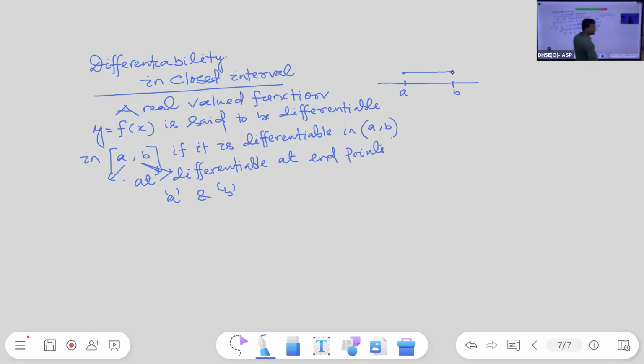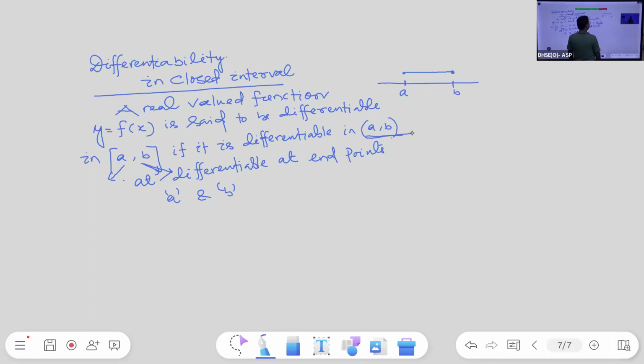So guys, here is a question. An interval contains infinite number of points, isn't it? If an interval contains infinite number of points, is it practically possible to check the continuity or differentiability of the function at each and every point? It is not practically possible. Then the question is how to check the differentiability of a function in an interval.